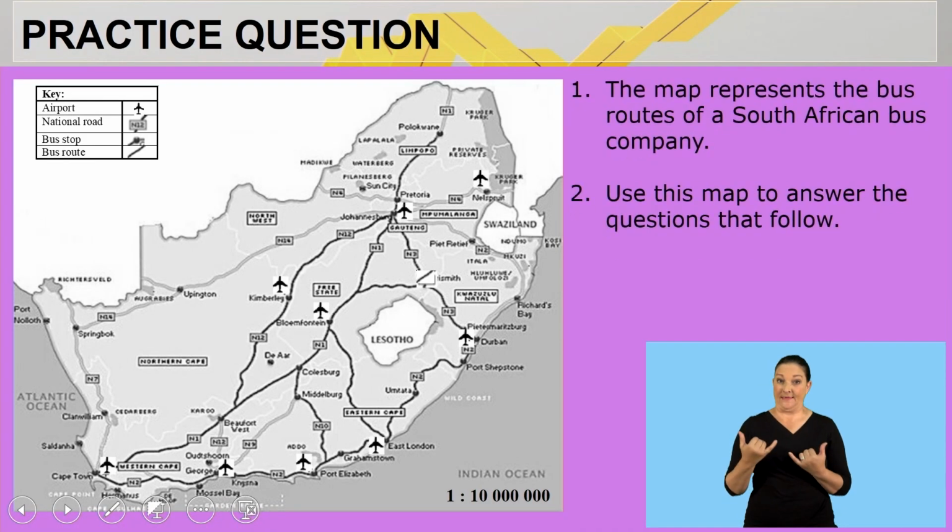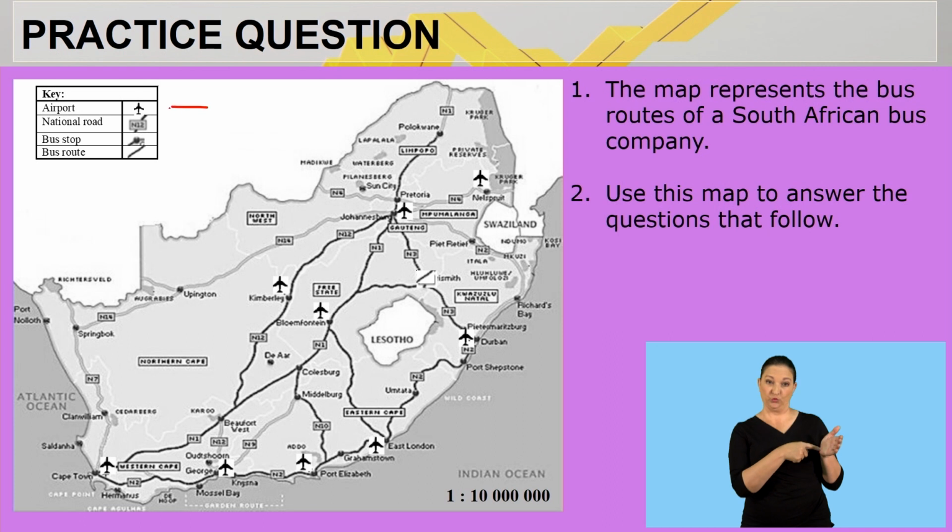All right, so here we have a map. It says the map represents the bus routes of a South African bus company. Use this map to answer the questions that follow. Let's quickly get familiar with what is presented. On my far left corner, there's a key.